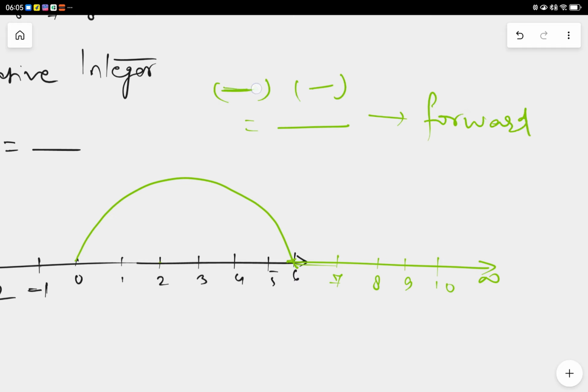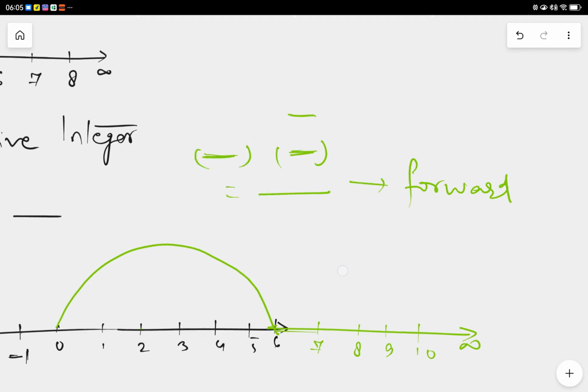We have to go with -4 unit. So if it had been +4, if it had been negative with +4, then we would have to go backwards. But right now this is the trick. If it is minus and it is with a negative integer, that means we have to go forward with 4 jumps. 3, 4.